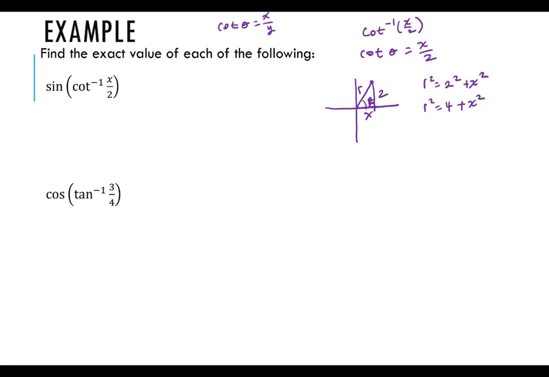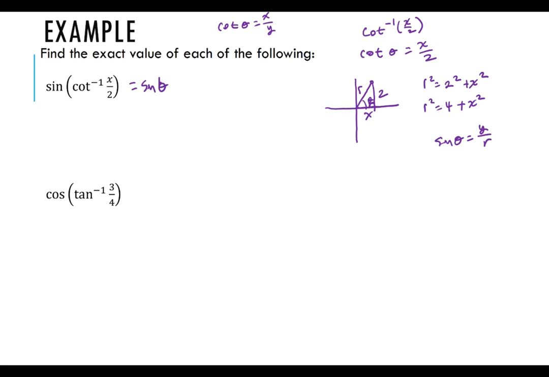Well then, I want to know what is sine of that same theta measurement. Specifically, sine of theta is really this cotangent inverse of x over 2 based on this picture. Remember that our unit circle definition for sine of theta is y over r.